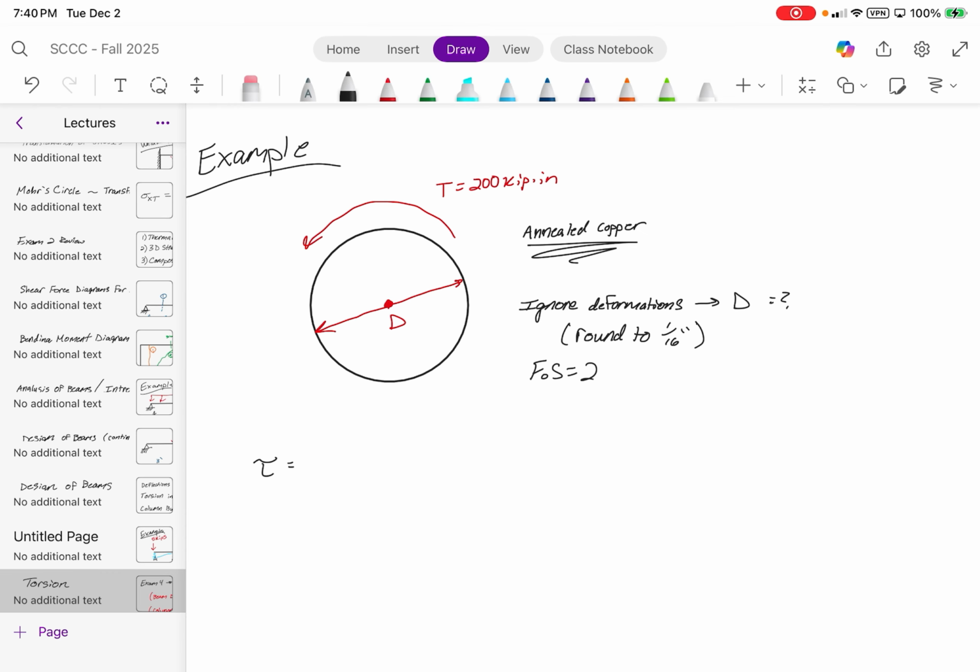Oh, I just realized you can't use annealed copper. I don't give you an allowable shear stress. Do not use annealed copper.